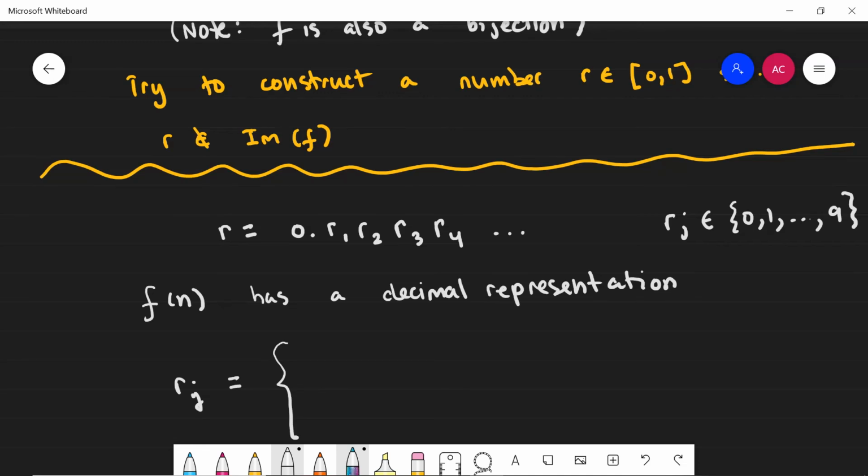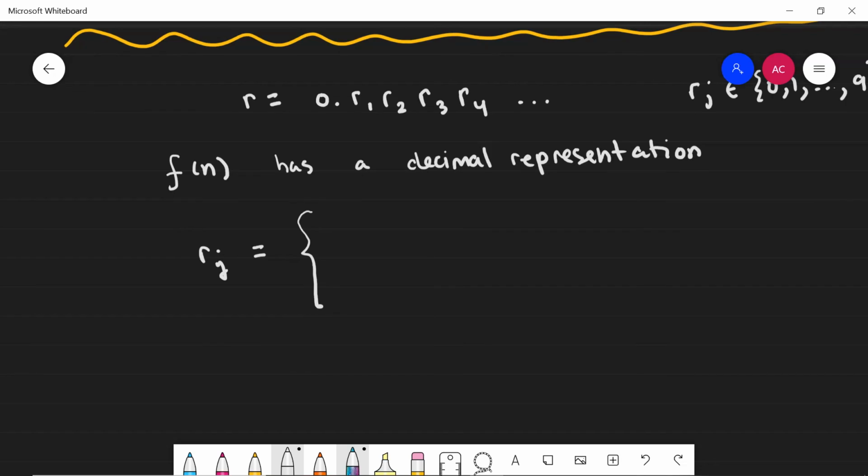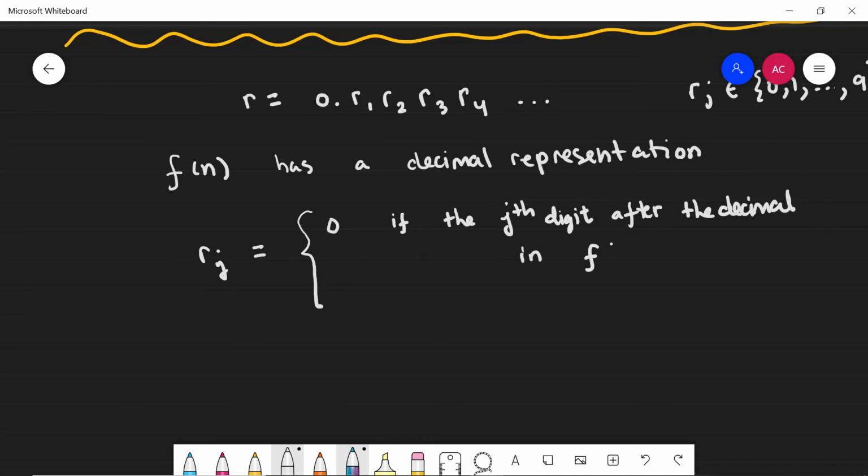It's going to be defined as 0 if the jth digit after the decimal in f sub j is equal to 1.